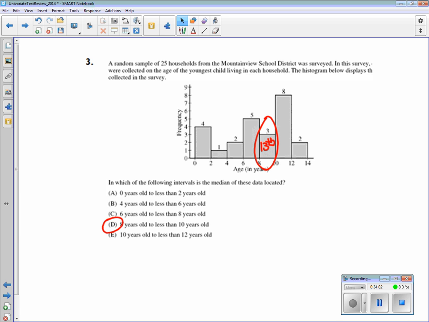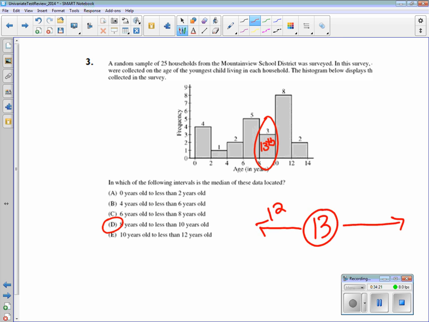Because there's 25 households. 25 divided by 2 is 12 and a half. So the 13th data value. Think about it. If I have the 13th data value, there's 12 lower, and there's going to be 12 higher.